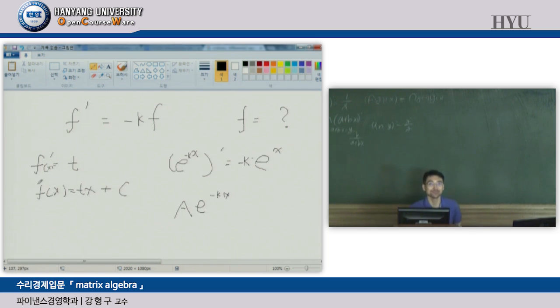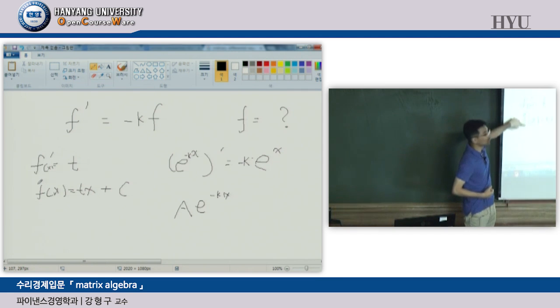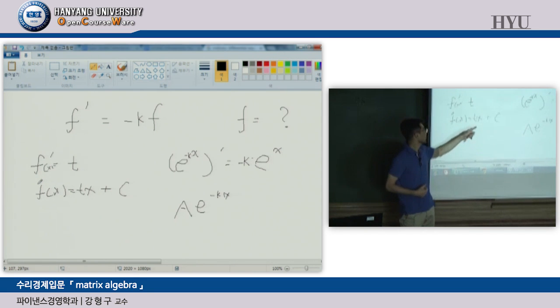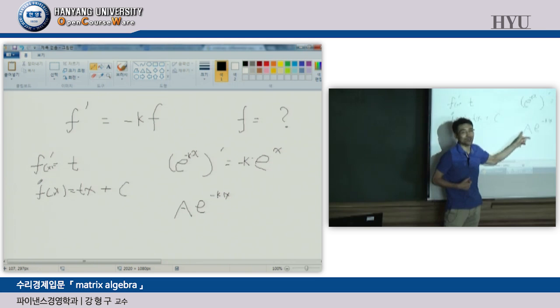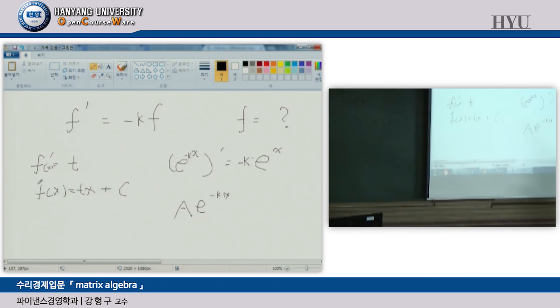You want to integrate it, and the constant shouldn't affect the derivative. Likewise, we need some sort of free parameter over here. If we give further information, then you can find this a. But at this point, this is the general solution of this problem.